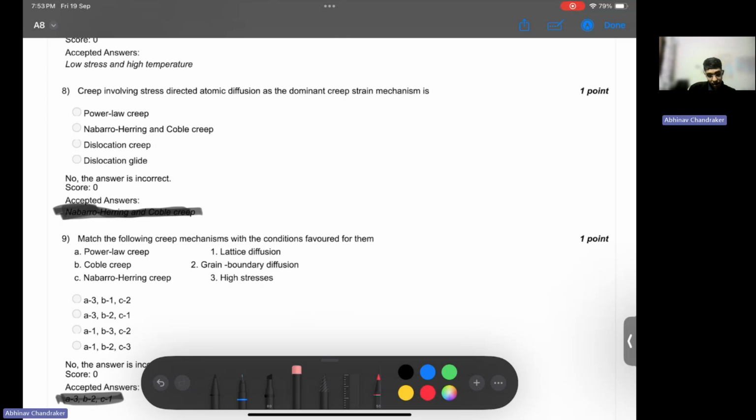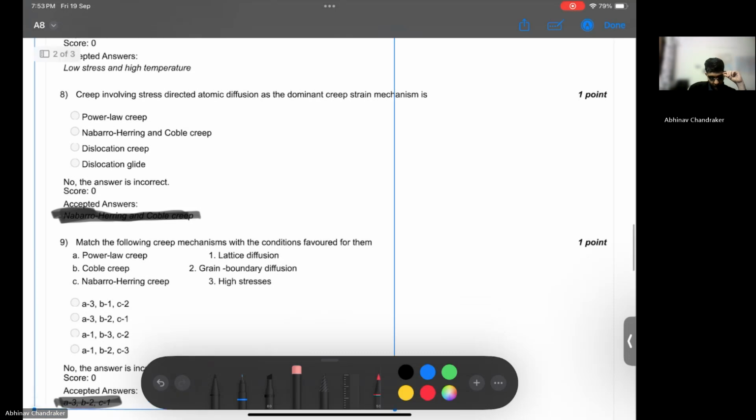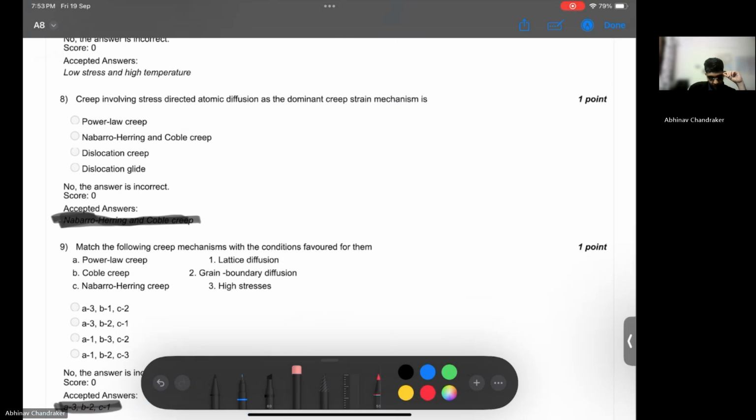Dislocation glide, it's not Nabarro-Herring, we know. Nabarro-Herring is also stress dependent, but it has lower contribution of stresses.